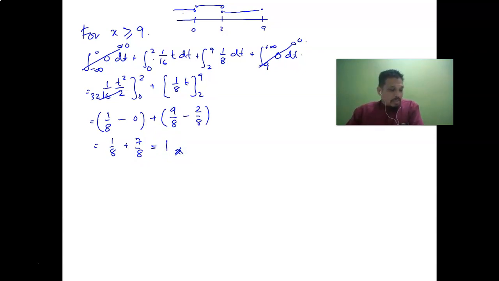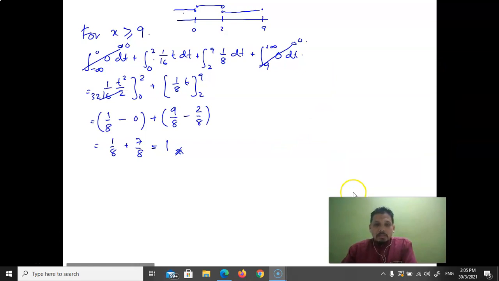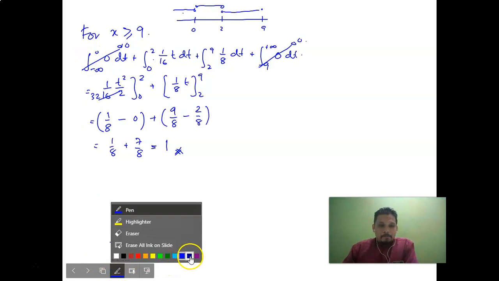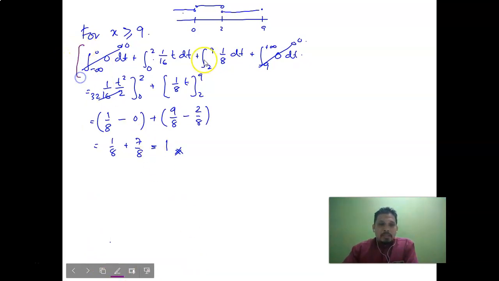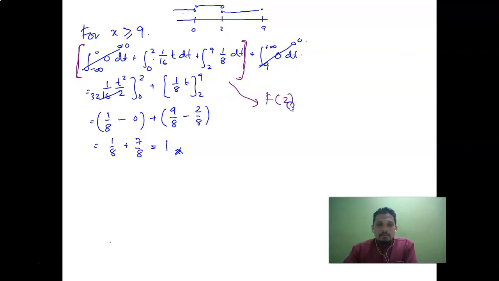Okay, actually we can also use, from the beginning of this until here, we can define this as F9, plus the integral of 9 to positive infinity of 0 dt, where this is 0, just like this one here now.